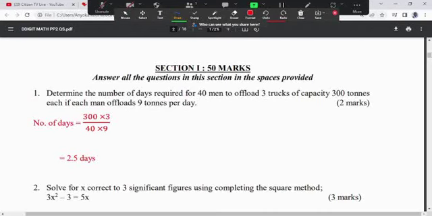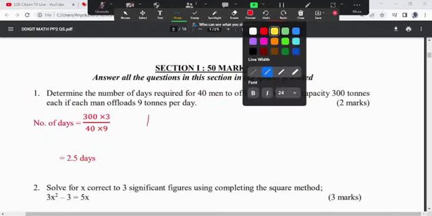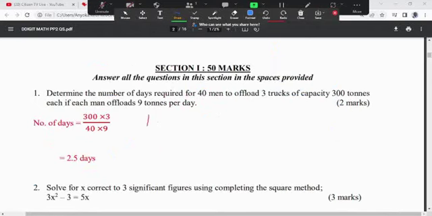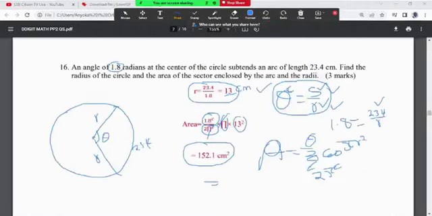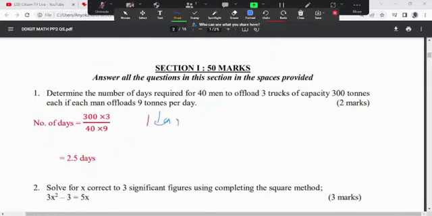So in one day, one man can offload 3 trucks.